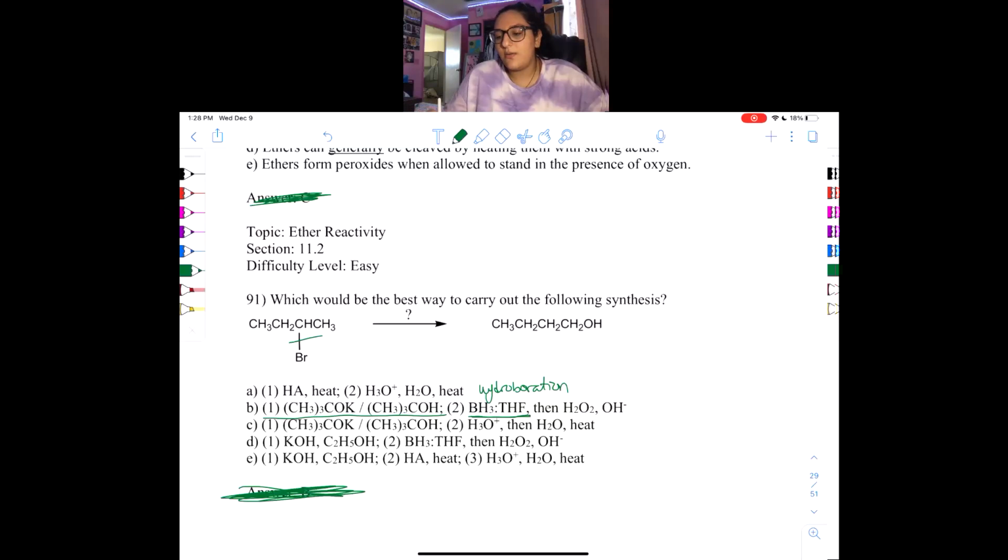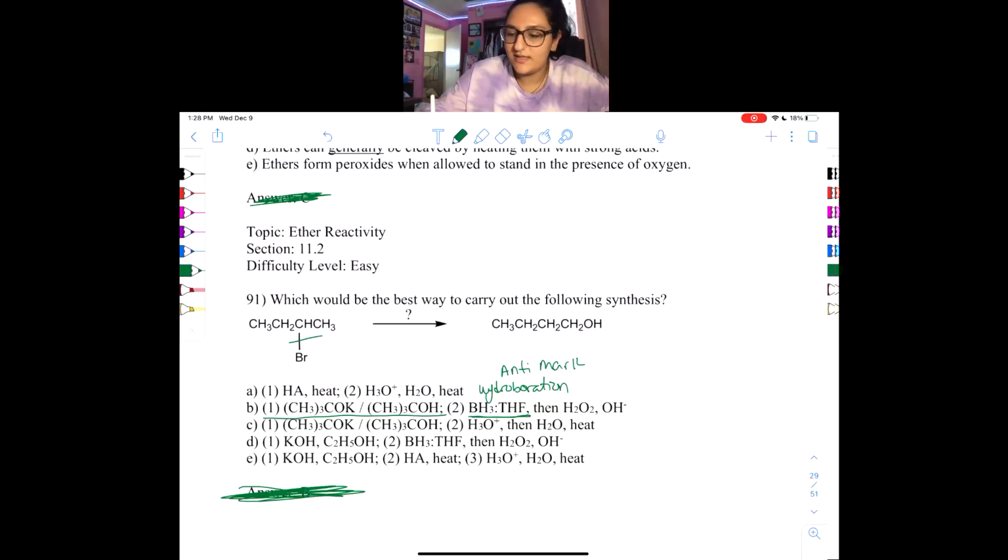When we have a hydroboration, what was the key thing that we had to remember about that? It has to do with Markovnikov versus anti. Yes, cool. Anti-Mark. Does that make sense with the answer we've gotten here?